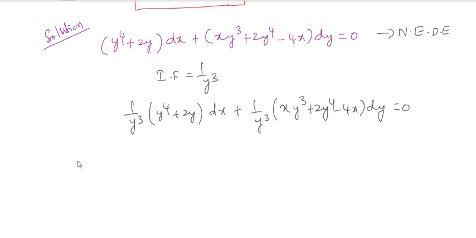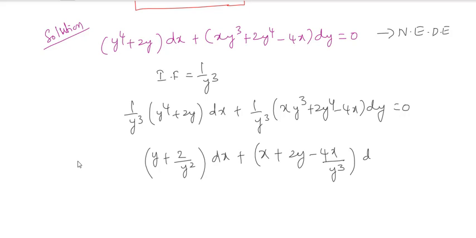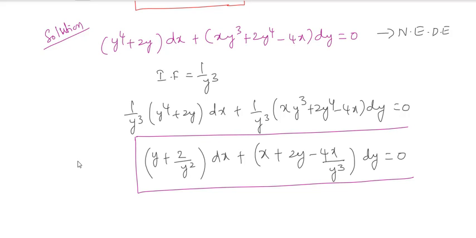Just simplify it: you will have y plus 2 by y square into dx plus x plus 2y minus 4x by y cube into dy equal to 0. So the equation I got here is this. Am I correct? Yes, this is the equation.